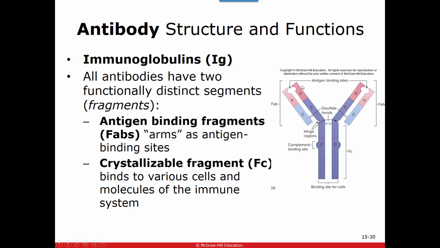That's the arms, the hand part of the antibody. The body portion of it is called the crystallizable fragment. Not as exciting. It's kind of the constant region. An antibody body can bind to some types of cells, but generally, it's looking for the antigen binding site.